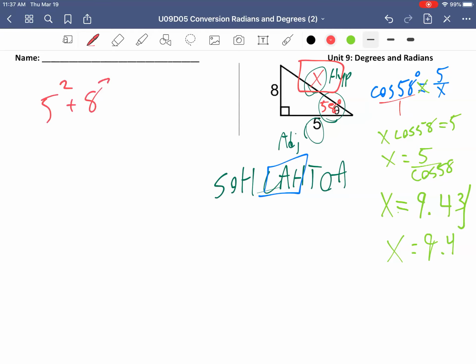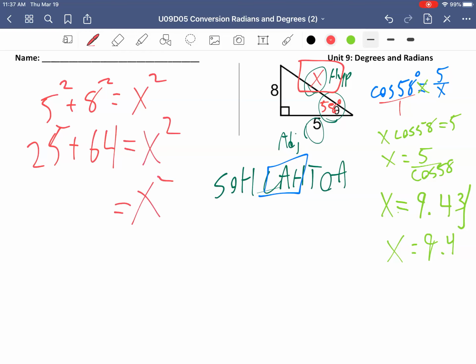5 squared plus 8 squared equals x squared. So we get 25 plus 64 equals x squared. Therefore, x squared equals 89, right? Yeah, 89. 2 plus 6 is 8, and 5 plus 4 is 9.